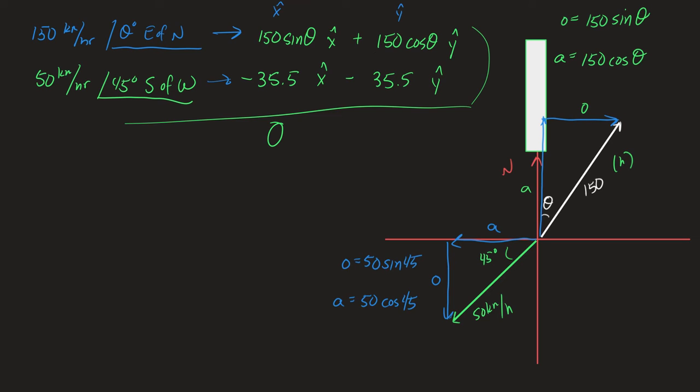Well, that means that 150 sine theta minus 35.5 has to equal 0. This provides me a direct pathway to figure out what the angle has to be for the plane.